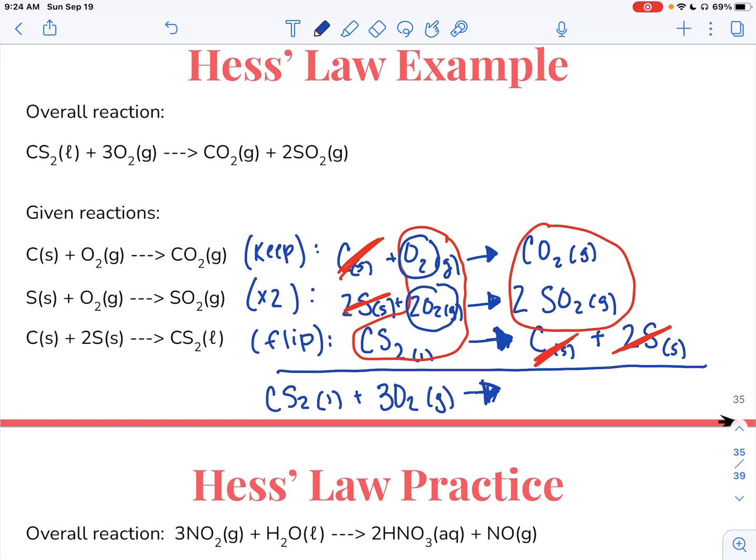And just to be clear, the reason the O2s didn't cancel is because they're all before the arrow. In order for something to cancel, it needs to be before the arrow in one reaction and after in another. And then we get CO2 gas plus 2SO2 gas. And that is what we wanted. It's our overall reaction.